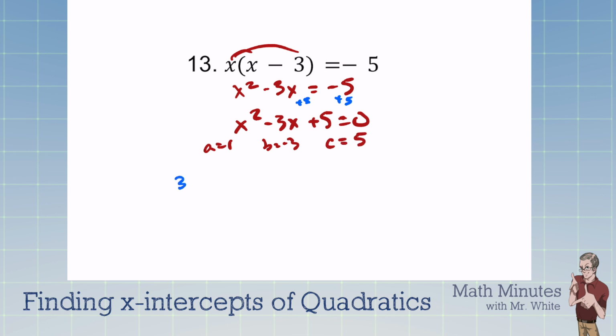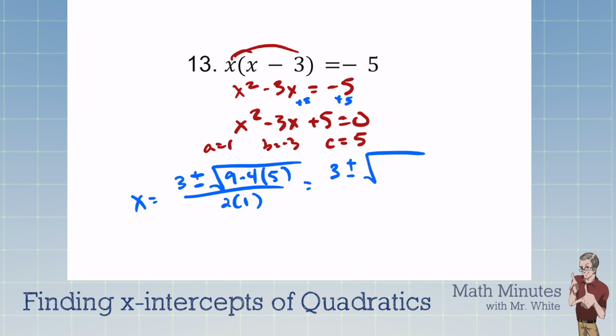So opposite of B, the answers are, that's the nice thing about the quadratic formula, you just plug it in and boom, you got your answers. So 3 plus or minus giant square root of 9 minus 4 times 1 times 5 all over 2 times 1. That is 3 plus or minus the square root of negative 11, because 9 minus 20 is negative 11, all over 2.